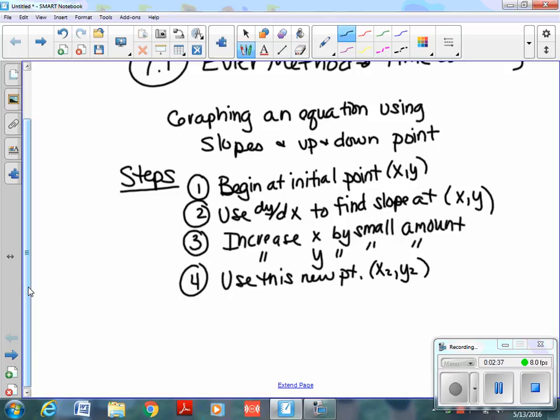You're just going to repeat making new points by either adding or subtracting. You either increase x by small amounts, or you can also decrease x by small amounts. I'm going to give you one of each. So here we go.